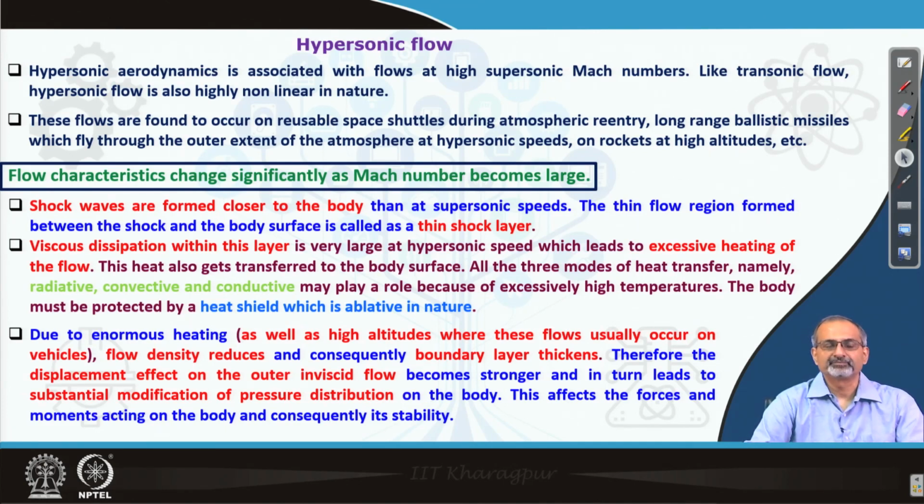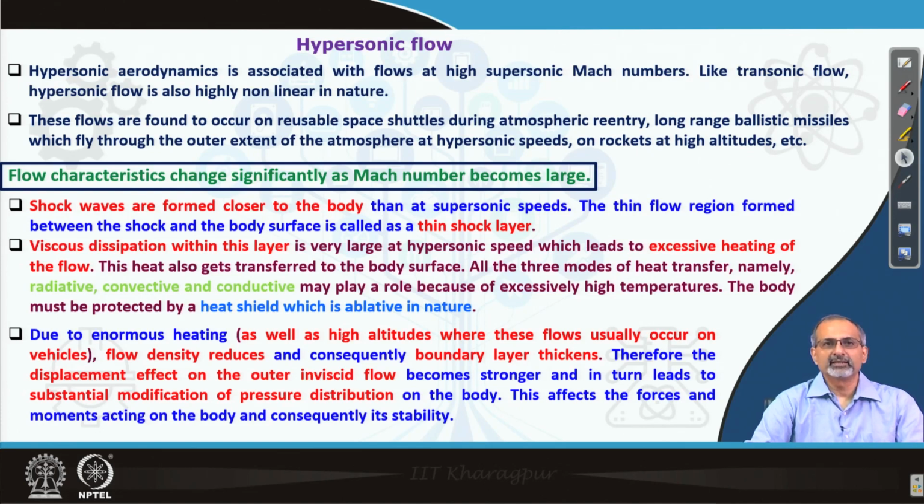Due to enormous heating as well as high altitudes where these flows usually occur on the practical vehicles, whether they are the re-entry kind or missiles which are flying at extremely high altitudes, or space vehicles which are moving out of the Earth's atmosphere and so on, flow density reduces and consequently boundary layer thickens.